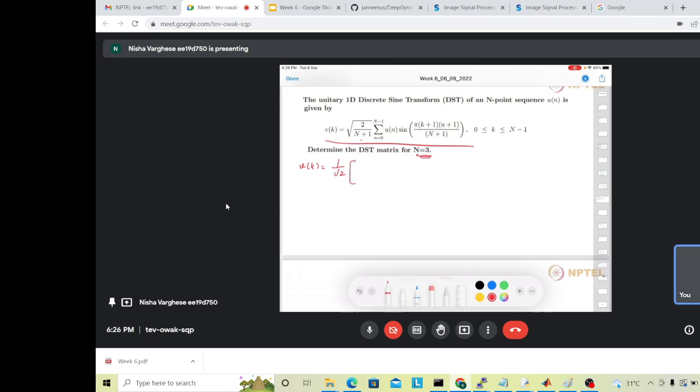U0, n equal to 0 means U0 sine pi (k plus 1) by 4. I am using n equal to 3 here, right? So then U of 1 sine pi by 2 (k plus 1) plus U of 2 sine 3 pi by 4 into (k plus 1). Okay, these three terms only, because n equal to 0 to 2.